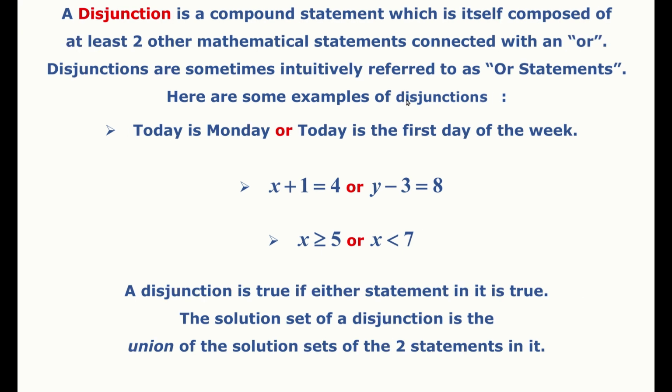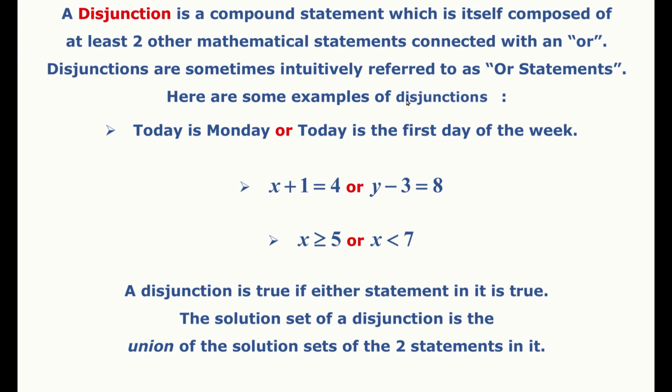A disjunction, on the other hand, is a compound statement which is itself composed of at least two or more mathematical statements connected with an or. Disjunctions are sometimes intuitively referred to as or statements. Here are some examples of disjunctions. Today is Monday or today is the first day of the week.